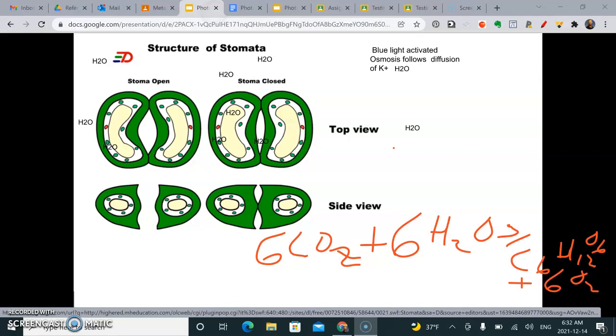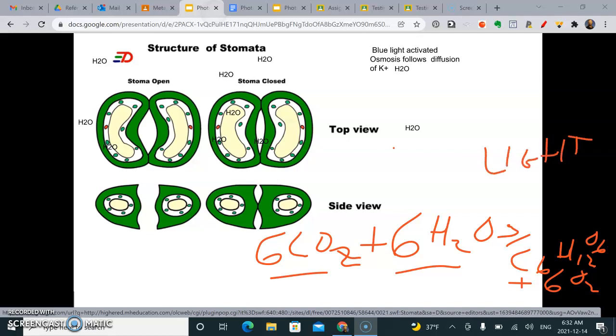Okay, so the plant has to be able to get that CO2 in, but it wants to prevent water loss. Now, for this reaction to occur, the energy that drives the combination of the carbon dioxide and the water is obviously light.